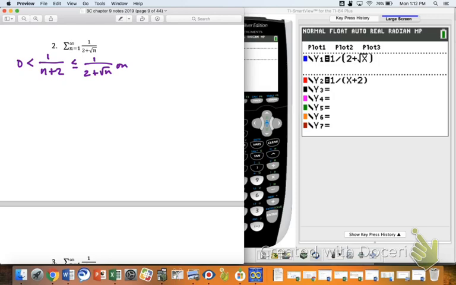Not 0 to 1. I think it's 1 to infinity, and I think it is a 1. That's where they actually crossed. So on 1 to infinity.